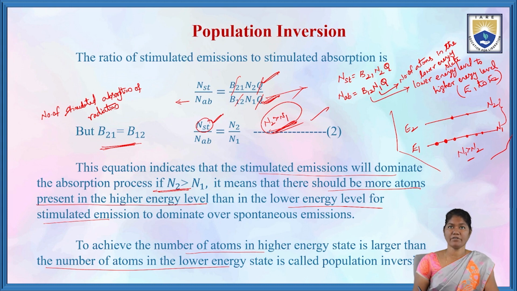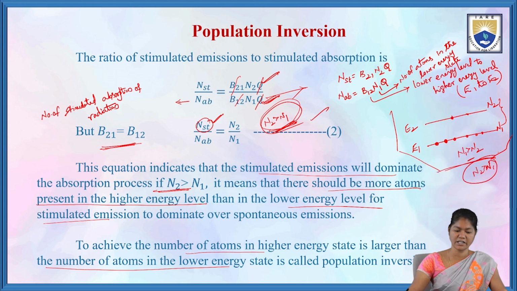So that's why we have to make N2 greater than N1. Then only stimulated emission of radiation will be more, and if stimulated emission is more, then we get amplified light.